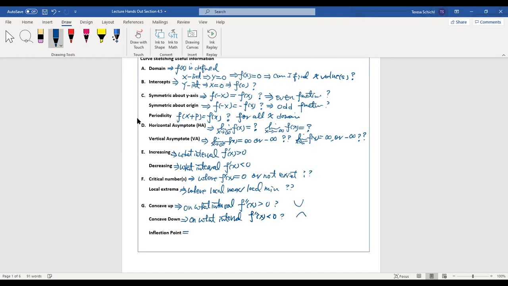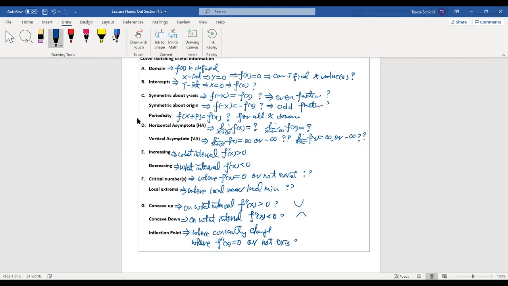Then we'll also talk about where the concavity changes, that's the inflection point, right? So the inflection point is where the concavity changes. Like we said, it's where f double prime of x equals 0, or f double prime of x does not exist.